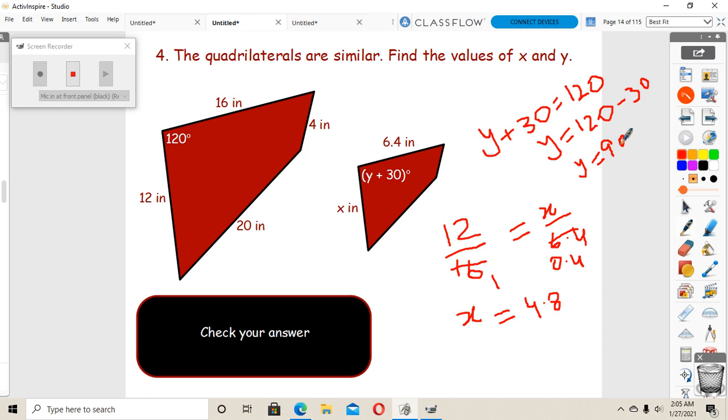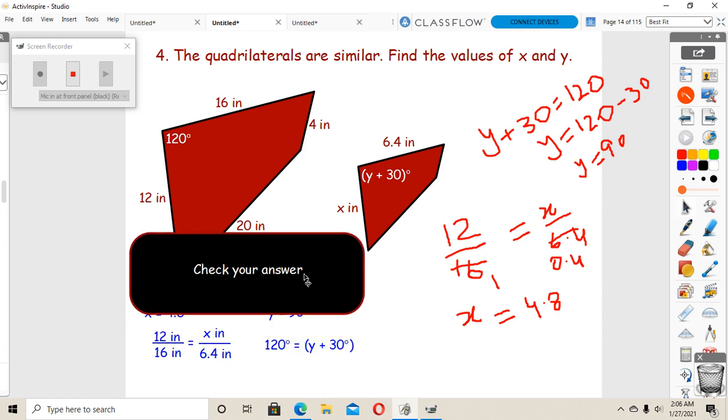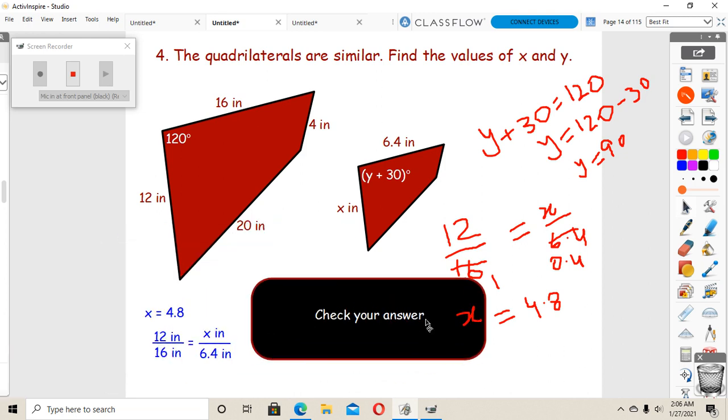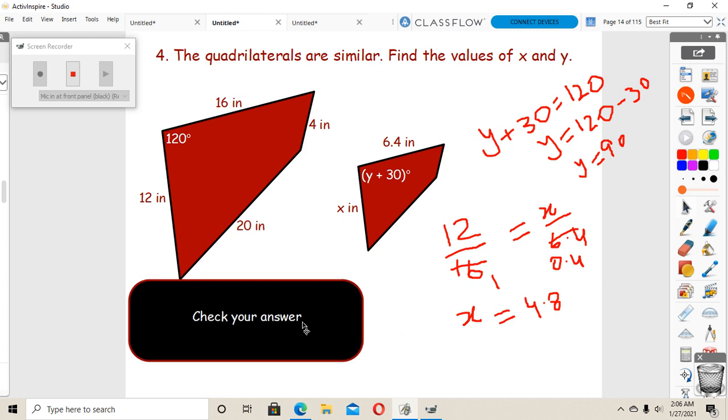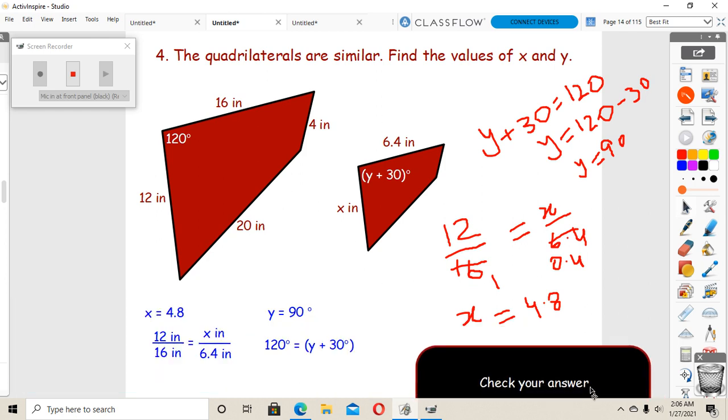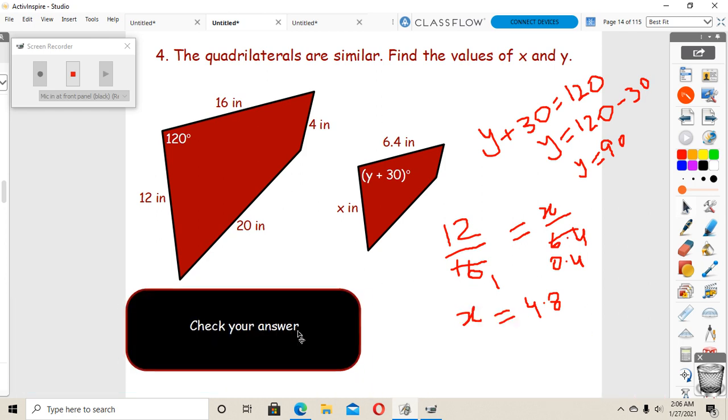So y is 90 degrees. The solution over here, we can solve it like that also.